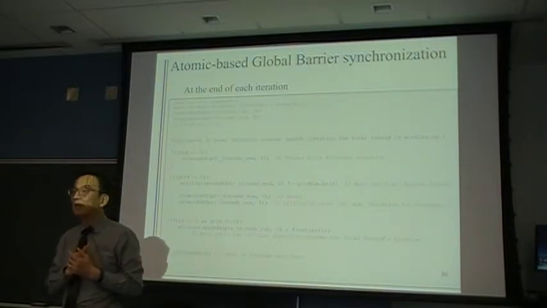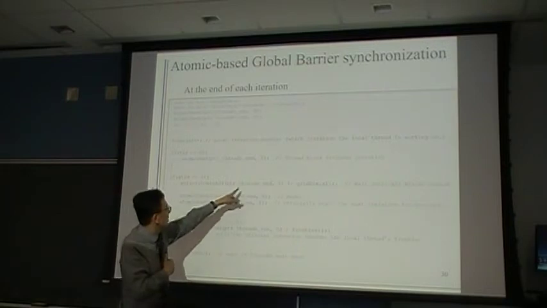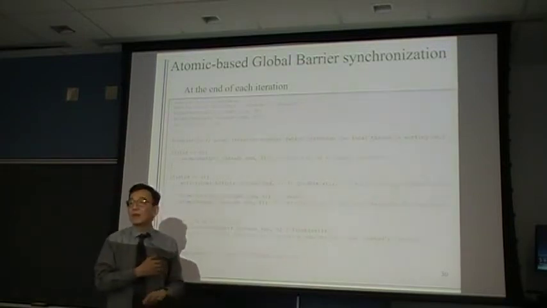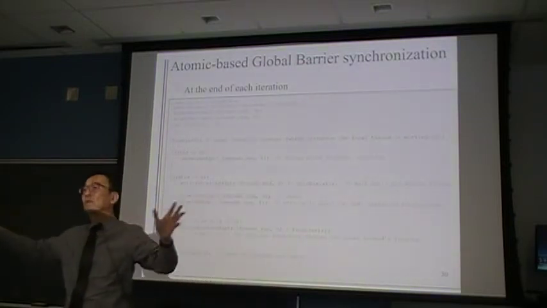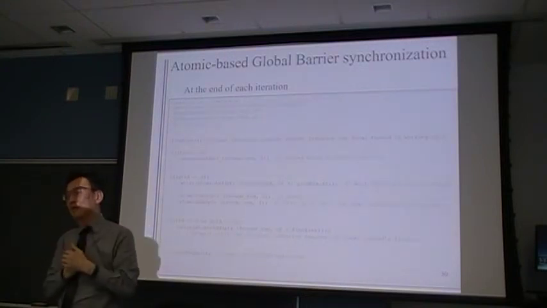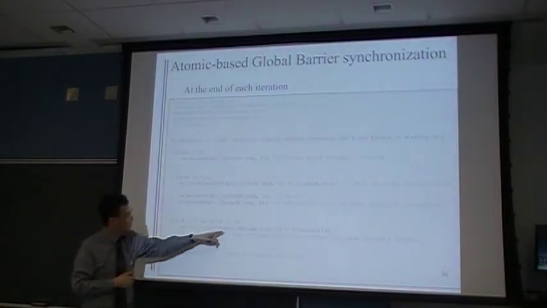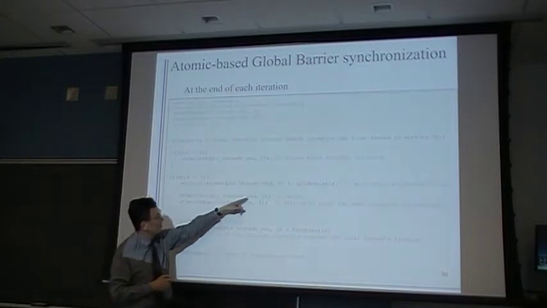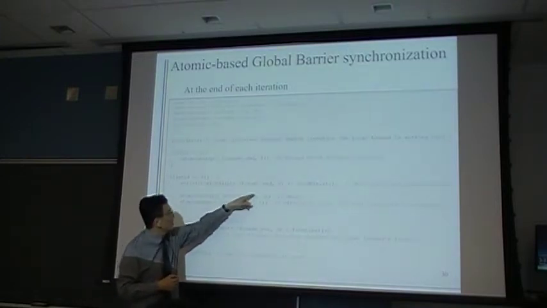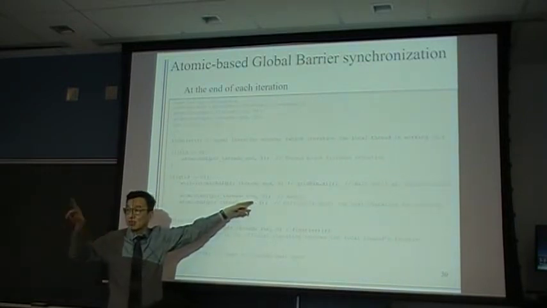So the pointers threads run and threads end are in global memory, right? You mean this thing? Yeah, this is in global memory because these variables need to be visible by all the thread blocks. So at the beginning, you could theoretically just have the global representative set it to 0, right? Oh yeah, that's exactly what it is. So that's why here the global representative is setting it to 0 in preparation for the next iteration.